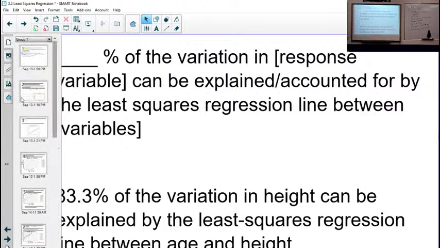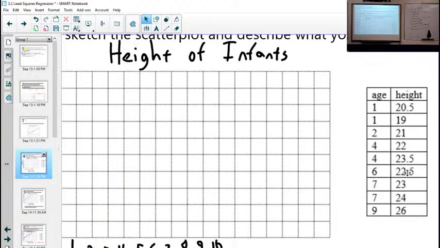how much of this change in height, if I just covered up these y values, would I be able to account for by looking at their age and trying to predict their height? Because there may be other factors in play that are determining their height, like their height when they were born.